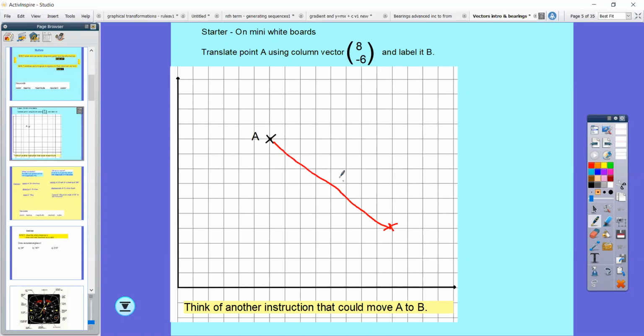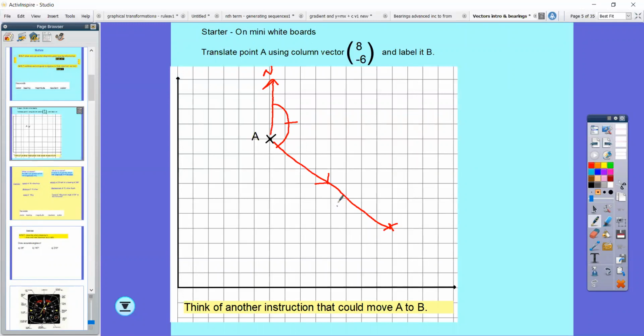So they've got a column vector. They've probably not even thought about why it's called a vector. But another way of expressing this, if we say from north, we could measure that and give a bearing and a distance as well.